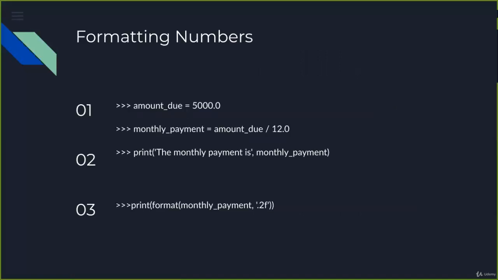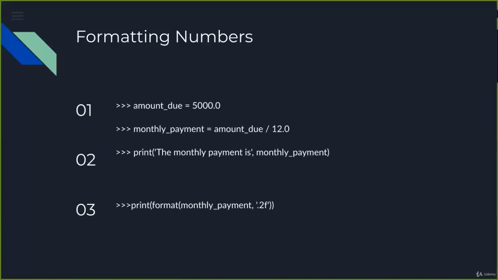Now we will look at formatting numbers. In our previous discussion, we had seen that there are 2 types of numbers possible in Python. The first one was integer numbers, and the second one was floating point numbers.